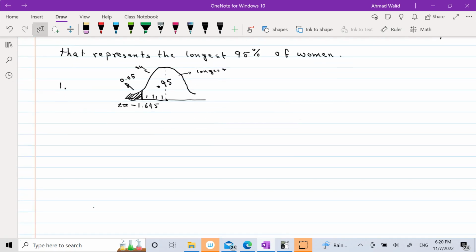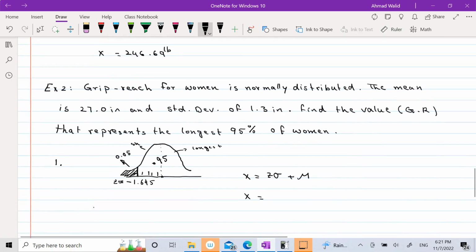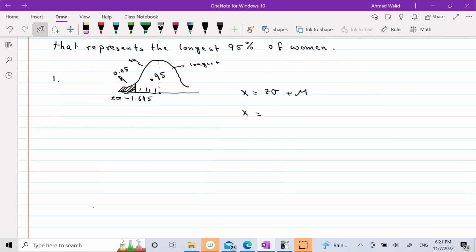Now, last step, I'll use my formula. X equals z times sigma plus mu. It means X equals, your standard deviation was for this problem 1.3 inches, correct? 1.3 inches times your z, which is negative 1.645, plus mu.